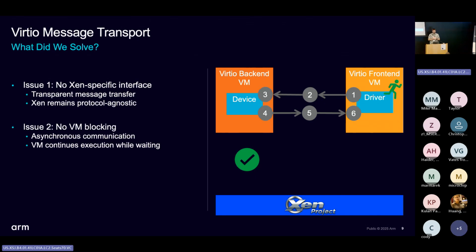Here we are sending a message, but the VM frontend, when it sends a message, can continue its life doing something else, schedule another application, another driver, you name it, and then continue the driver's work whenever it receives an answer. So we've solved one of the main issues we had when two VMs are running on different cores. For example, the requesting VM is not blocked during the request.